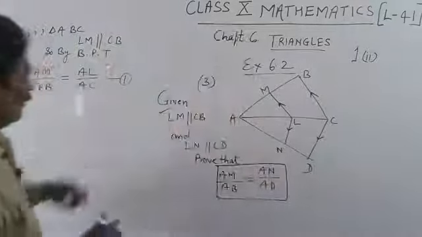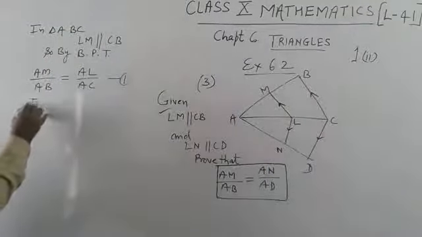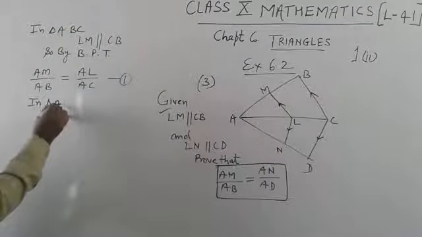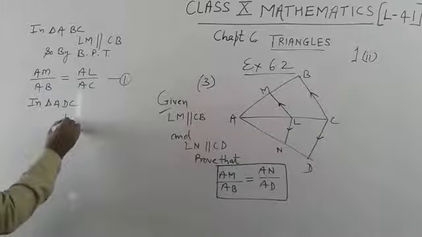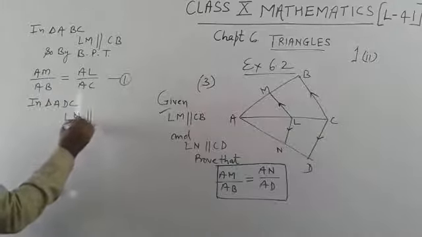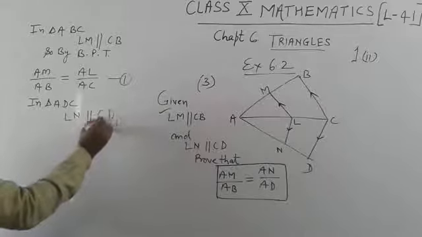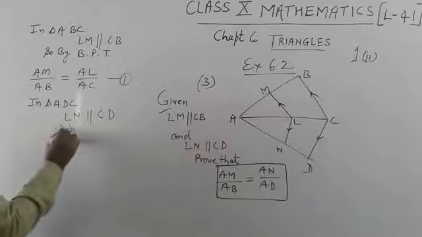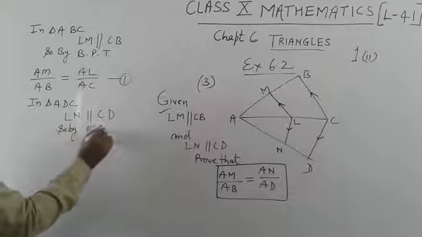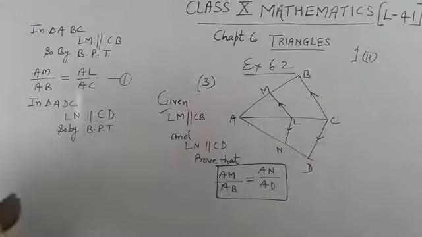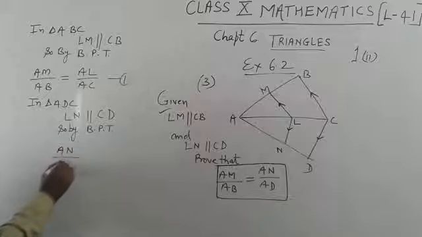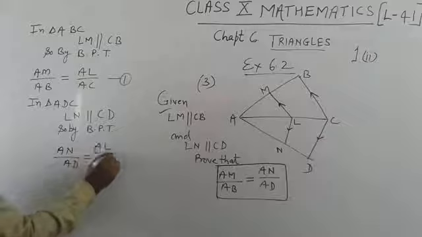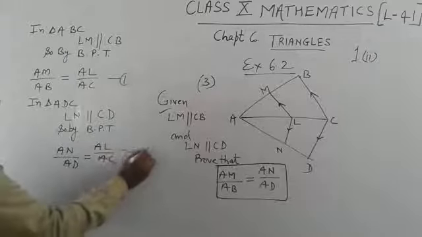Okay. Now in next triangle, again in triangle ADC, in this triangle LN parallel CD. So by BPT, that is Thales theorem, we can write AN upon AD is equal to AL upon AC, and this is equation number 2nd.